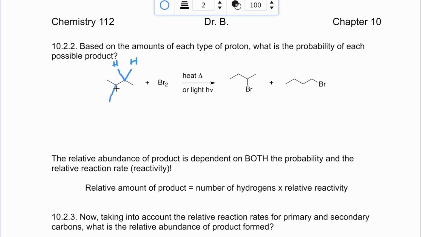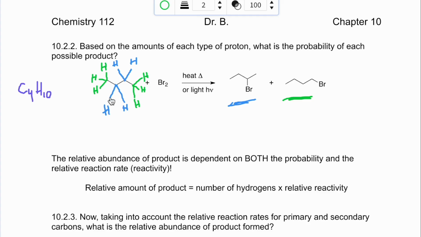I'll draw them in blue. So if the bromine radical attacked one of these hydrogens, you would get this first product here. In order to get the second product, you would have to attack a hydrogen on the end. So to form the second product, you would have to attack one of the hydrogens that I drew in green.